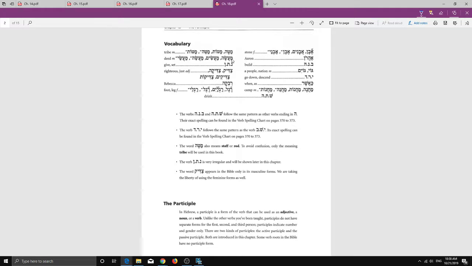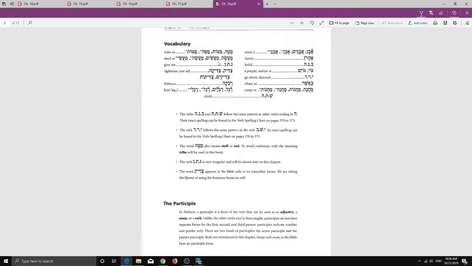We have mate, matot, mate, matot, which is the word for tribe. It's actually also the word for staff or rod. In this book, the author will only use it as tribe, but when you encounter it in the Bible, it can also be staff or rod. So something to keep in mind there.